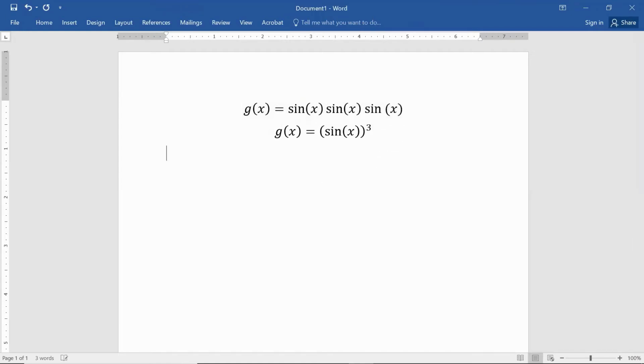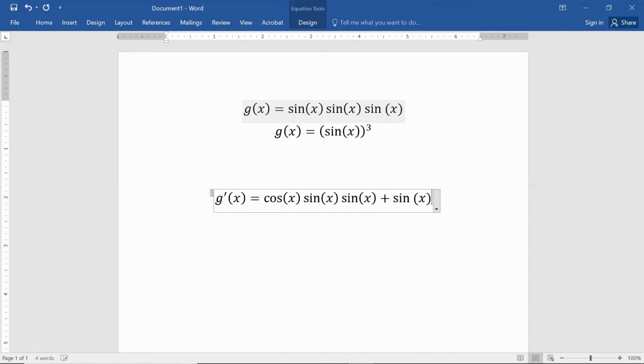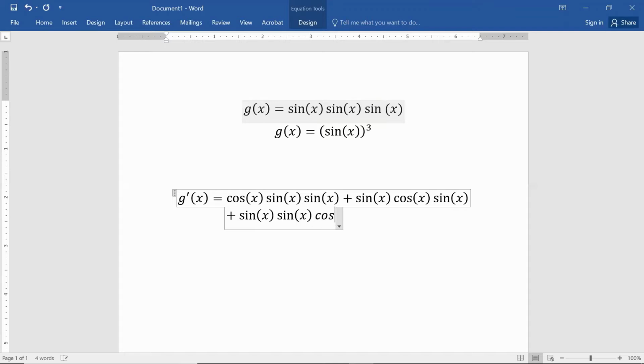If you remember, for the derivative of 3 functions multiplied together, it can be the derivative of the first one times the normal second and third, plus the normal first times the derivative of the second times the normal third, plus the normal first times the normal second times the derivative of the third.